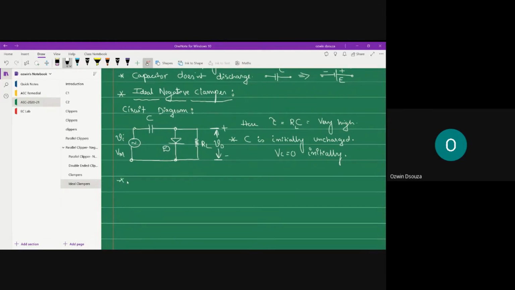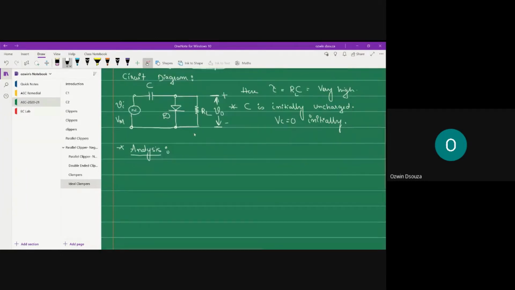Now we are good to go for the analysis part. All right. So let's write down the analysis. C is initially uncharged and the time constant of the circuit is very, very large. Now the analysis is broken into two parts.